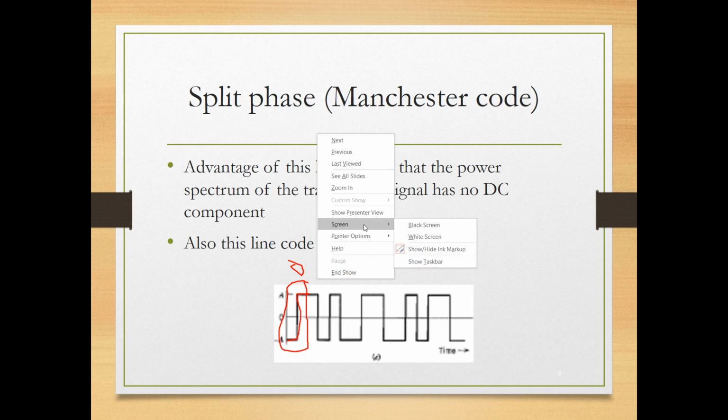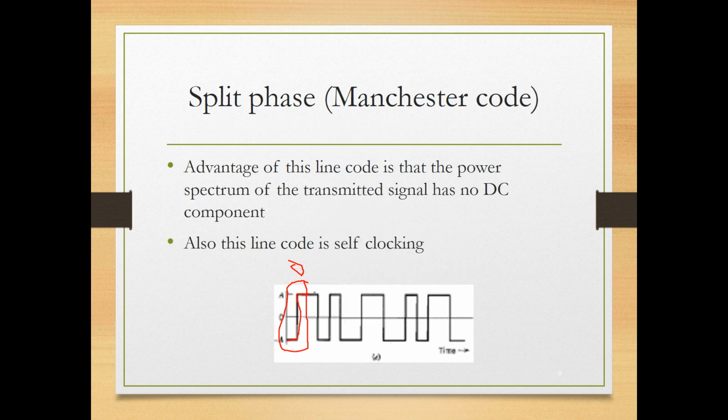So for the case where you have 1, it starts from positive, goes down to negative, and here another half. So this represents 1. This represents 0.